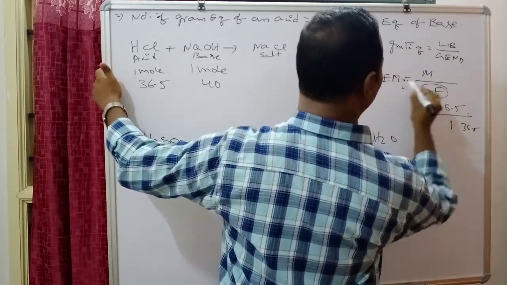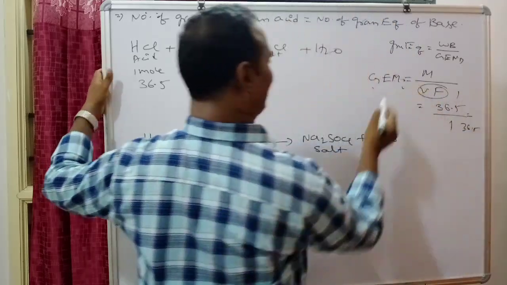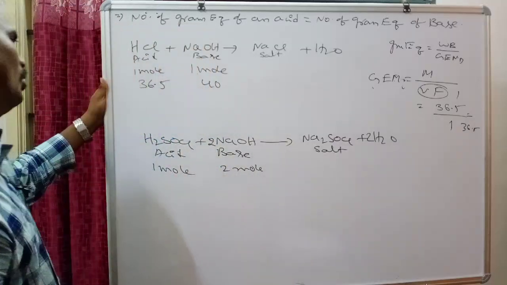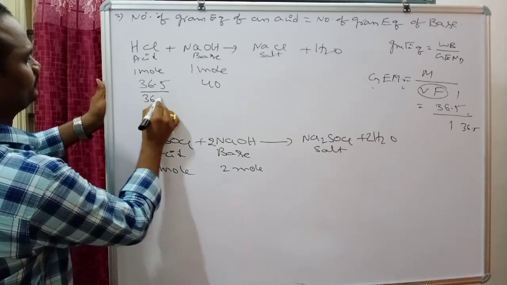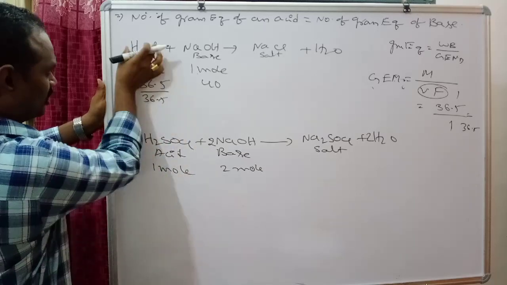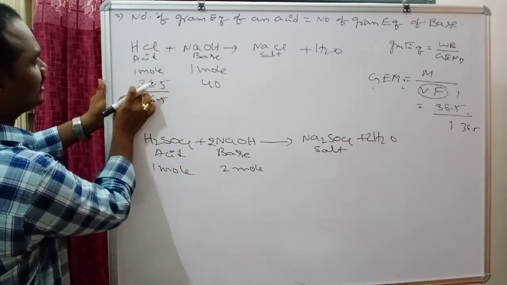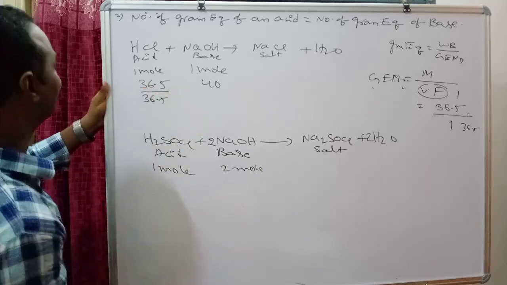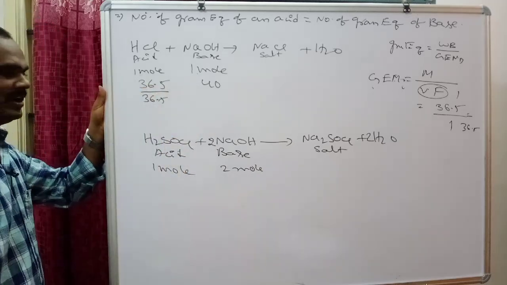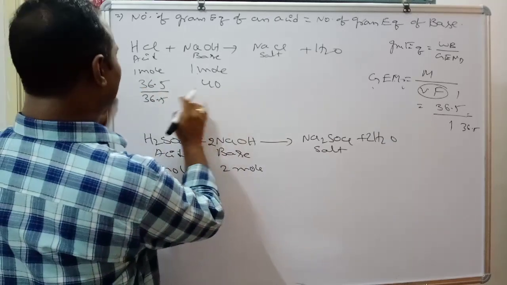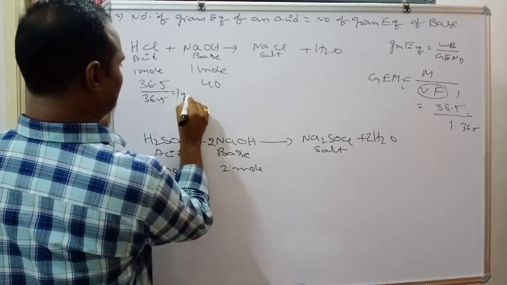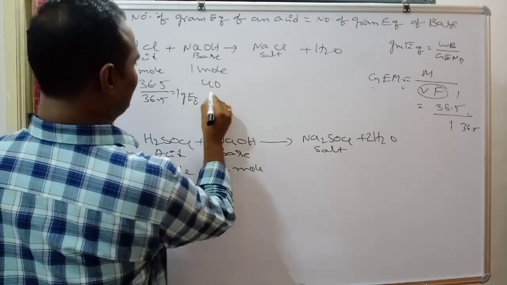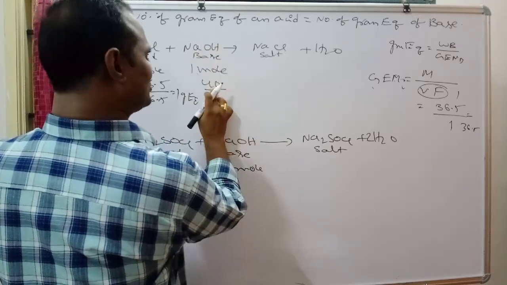So when the valency factor is 1, the gram equivalent mass is equal to the molar mass. So the 1 mole I have taken has mass 36.5, and its molar mass is also 36.5. Therefore it is equal to 1 gram equivalent.